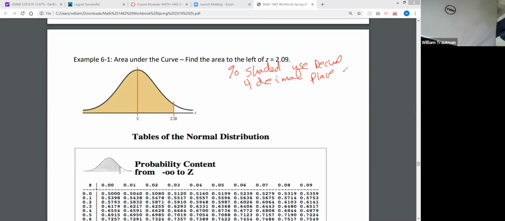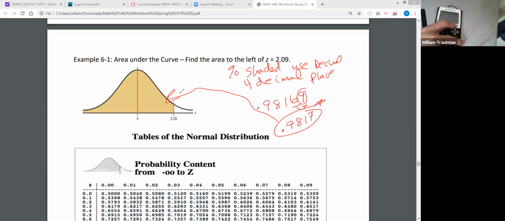And on my calculator, I get 0.98169. That's 5 decimal places. I round it to 0.9817 because this is 5 or more. So this is the answer. 98% is shaded in, 0.9817.